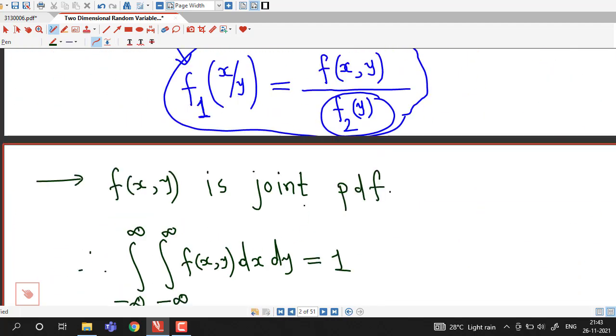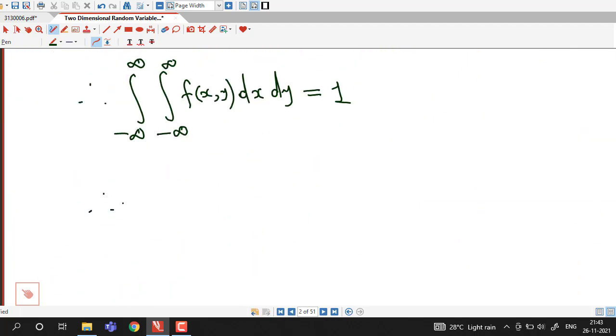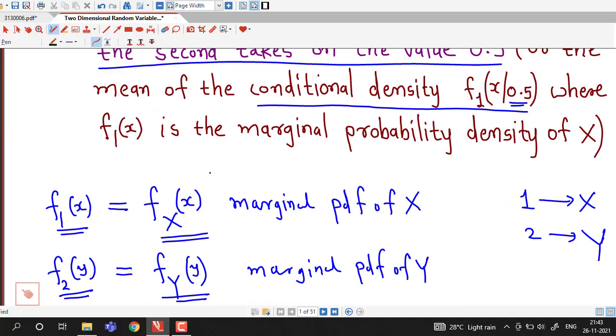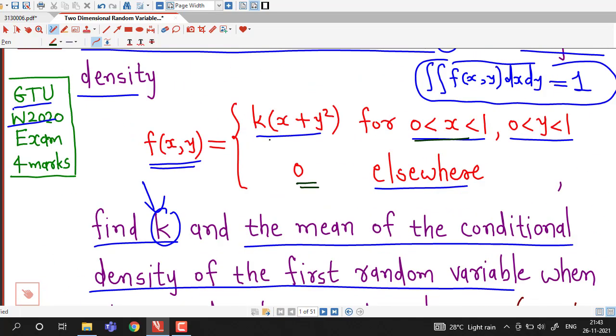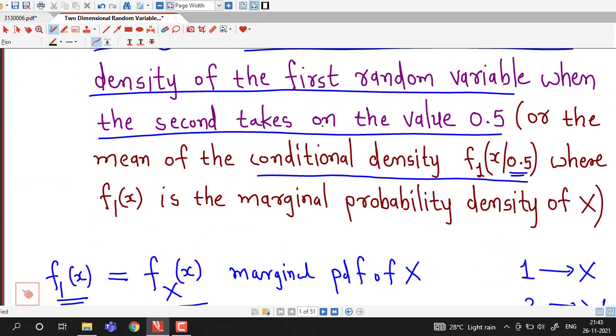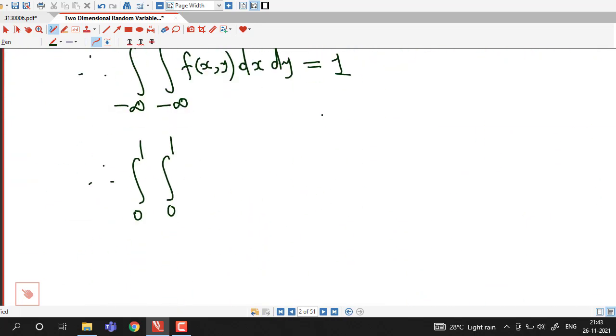So we can replace these limits by limits from 0 to 1, because outside 0 to 1 the function is 0 and between 0 and 1 the value of the function is k times (x plus y) square. So here we replace f(x,y) by k times (x plus y) square.